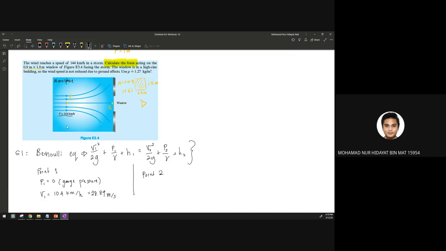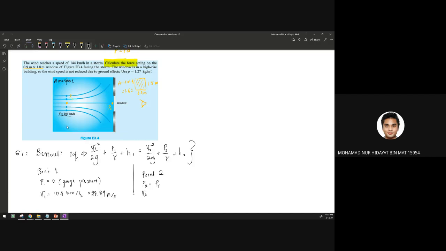It becomes stuck. So the pressure at 2 we call a stagnation pressure because this is a sudden stop. We symbolize it as PT.